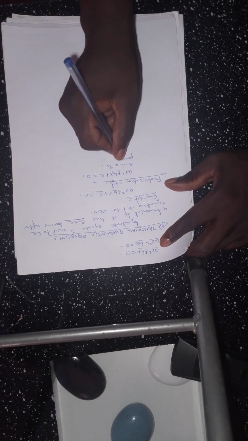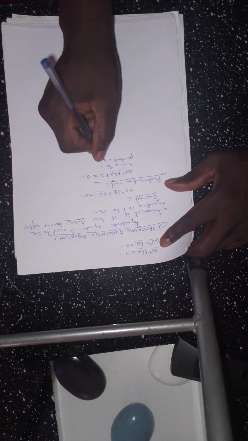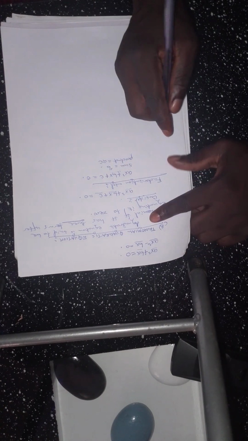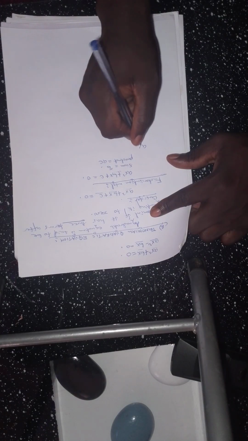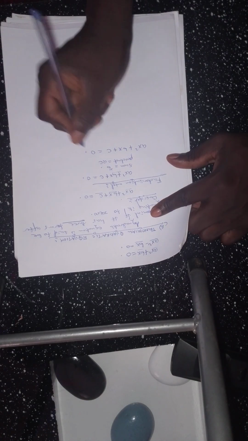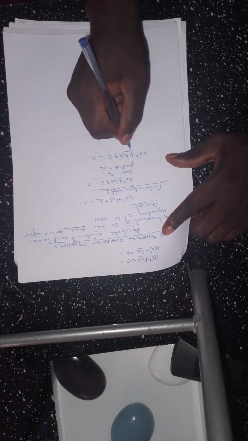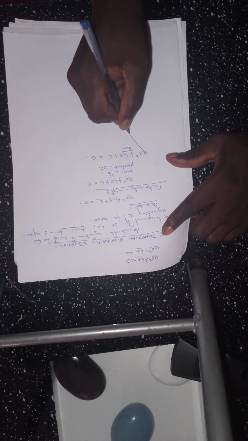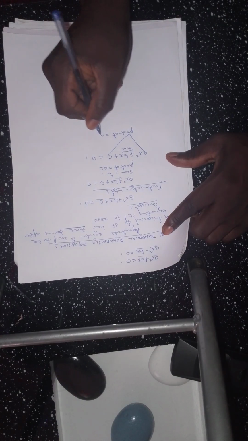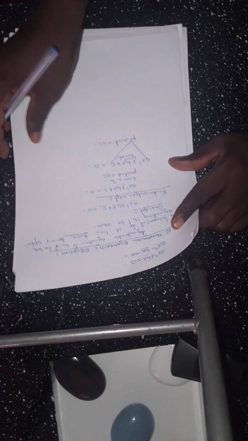The product is given by a times c, so it is ac with their respective signs. So in x squared plus bx plus ac equal to 0, this one is the sum, and this and this are the product. So our product is ac and the sum is b.